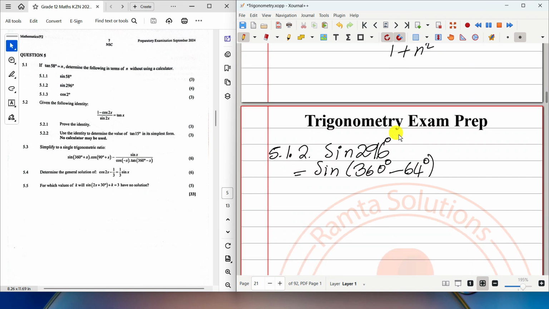Now, sine in the 360 minus quadrant is negative. So this will be negative sine 64 degrees. All right, this will be negative sine 64 degrees.